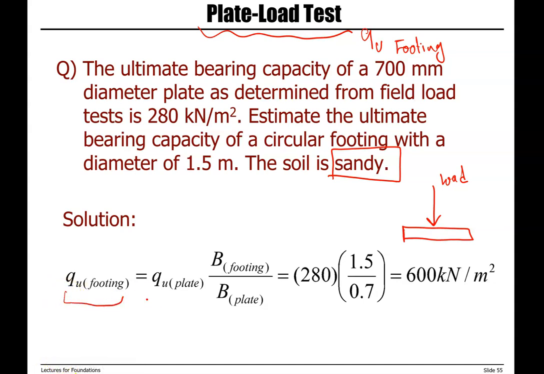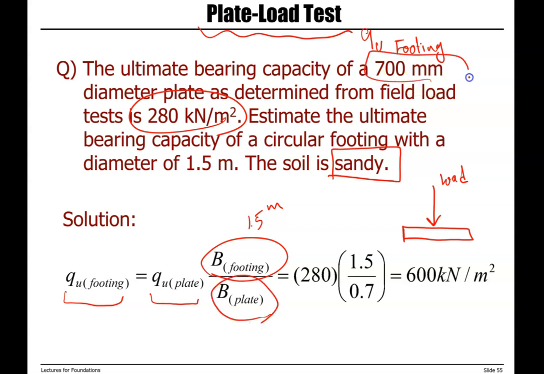QU of footing is equal to QU of plate, which is 280 kilonewtons per square meter, times width of footing, which is 1.5 meters, divided by width of plate. So width of plate was in millimeters. We need to convert millimeters to meters.